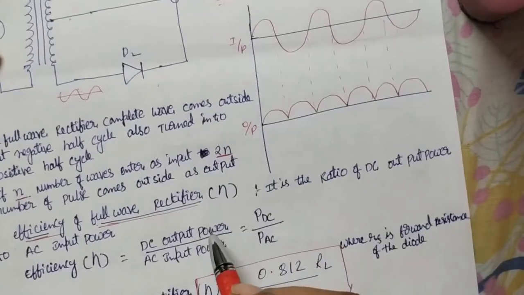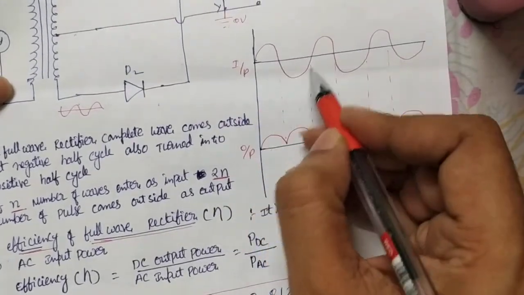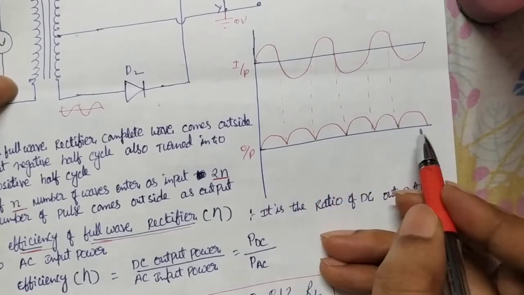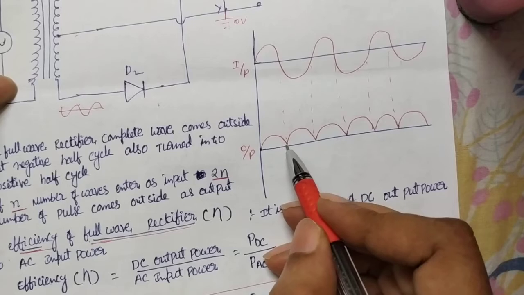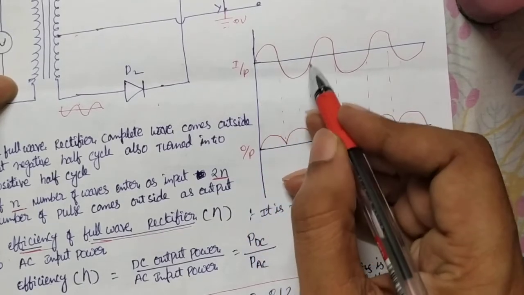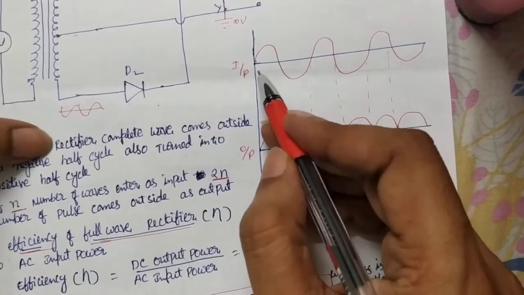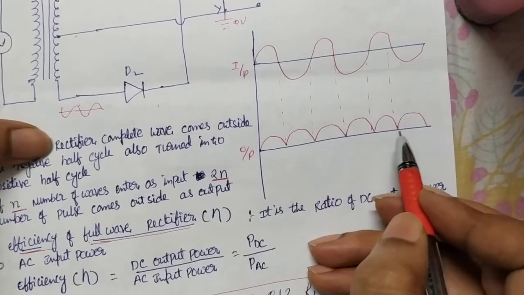But in the full wave rectifier, what do you get? If you send n waves, say 1, 2, 3 waves, here we get 6 pulses. This is what you call a pulse. This completely is 1 wave, and this is 1 pulse. So here we send 3 waves but get 6 pulses.